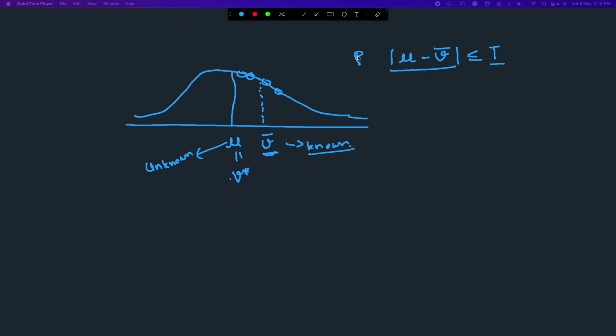So what is the probability of this happening? If you have learned about the laws of large numbers, then there are ways to calculate this probability if your distribution is a normal distribution.